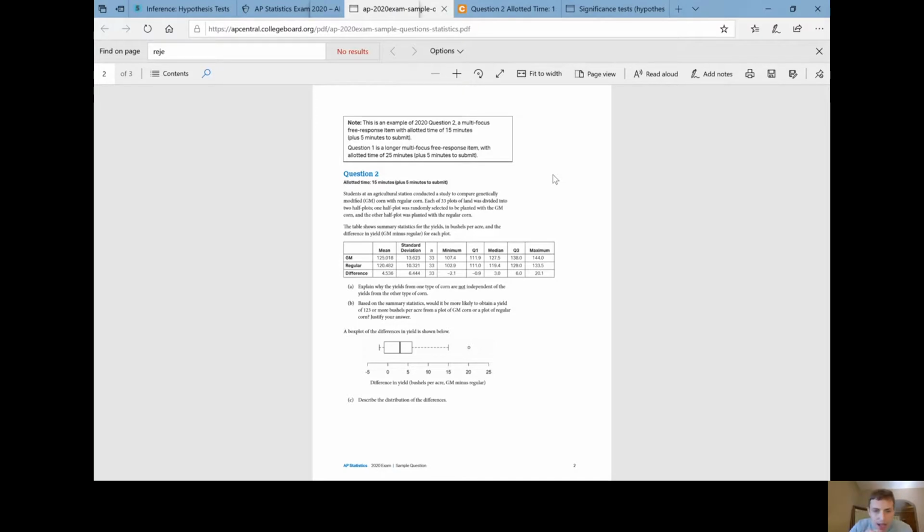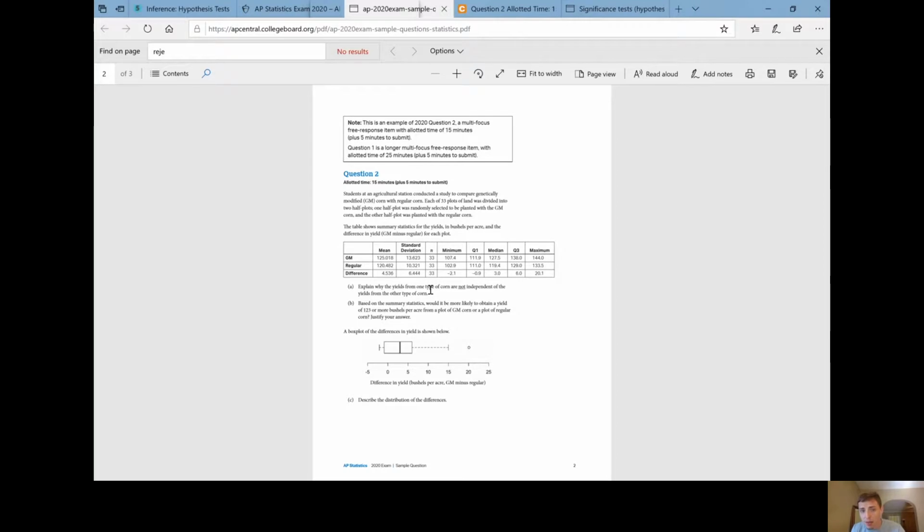So if we look at question A here, it says explain why the yields from one type of corn are not independent of the yields from the other type of corn. Now, remember, it's completely acceptable to explain this using logistical reasoning. If you remember, we had the mathematical formula for determining independence, which was for two events to be independent, meaning one does not affect the other, right?